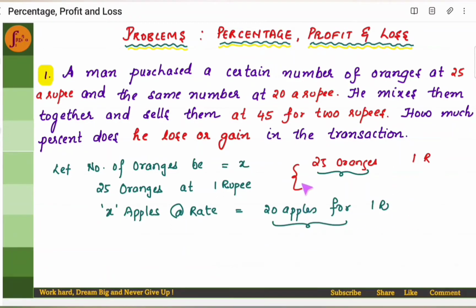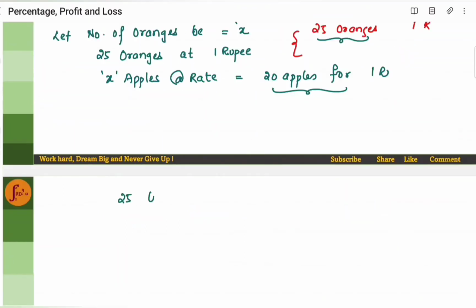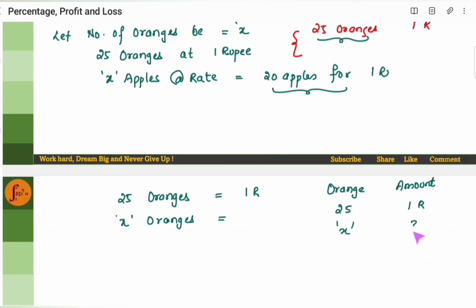Now we will have to find, for X, what is the amount? 25 oranges is 1 rupee. Therefore, X oranges, how much would it be? It will be like this: oranges and amount. 25 oranges, 1 rupee. Therefore, for X oranges, how much?